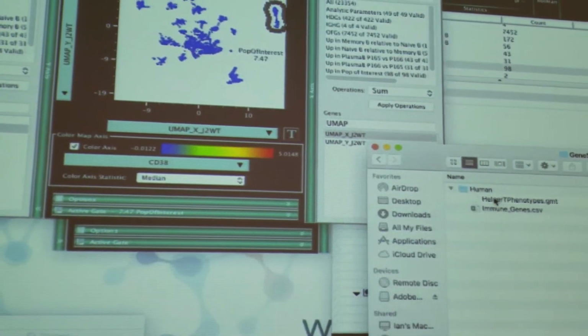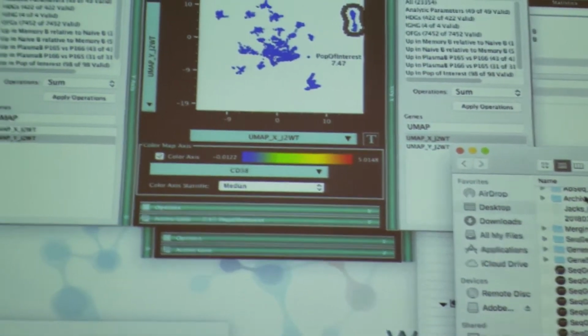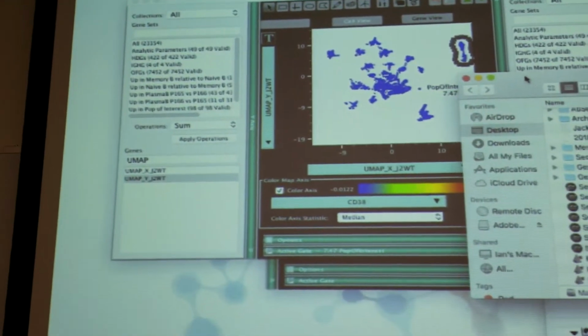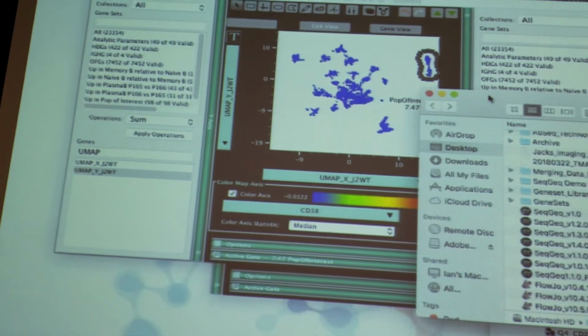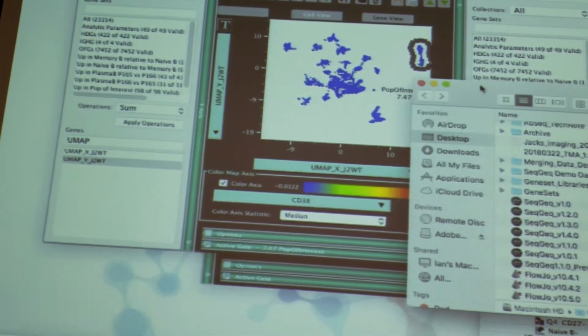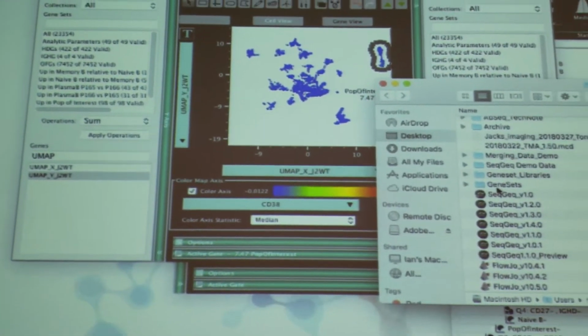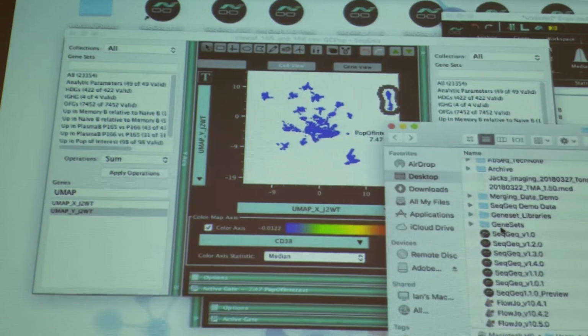Immune gene sets in helper D. I was hoping I had something a little bit more robust. I know we have developed in the past up in B cells, down in B cells, and then you can look at the two and do a negative exclusion on one and a positive inclusion on the other, and that might lead you to a more robust definition of your B cells.